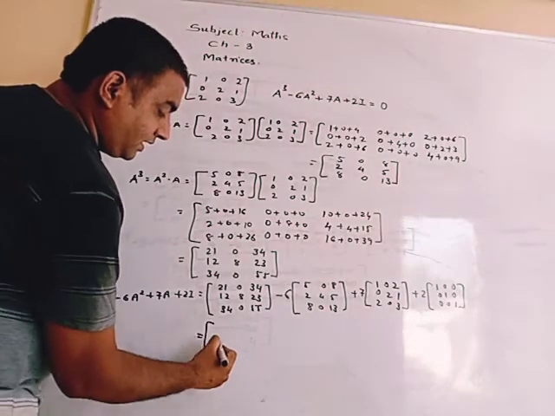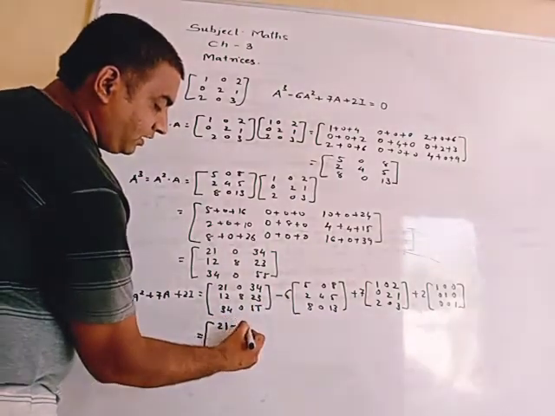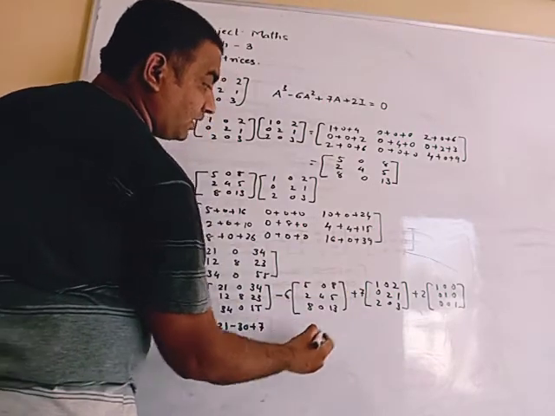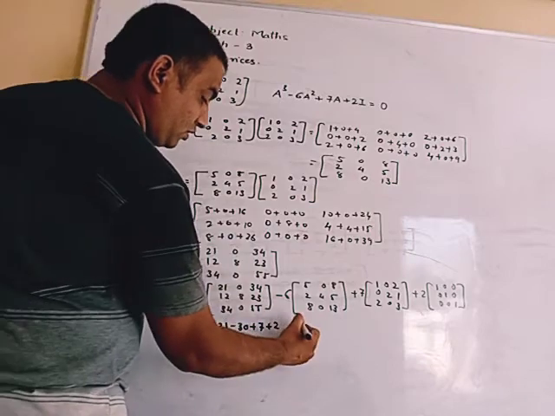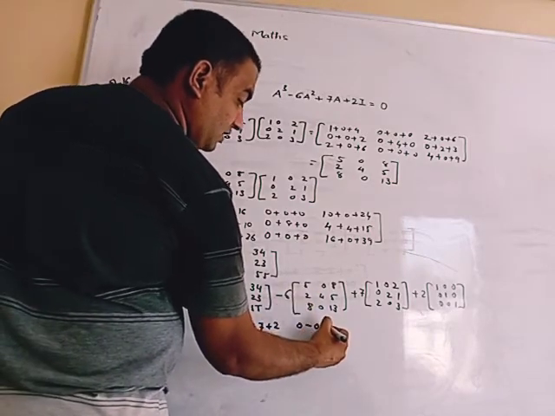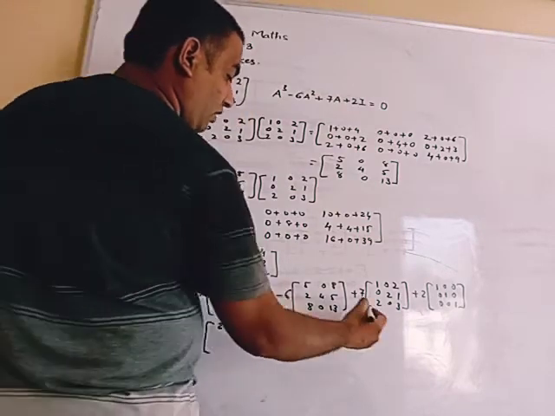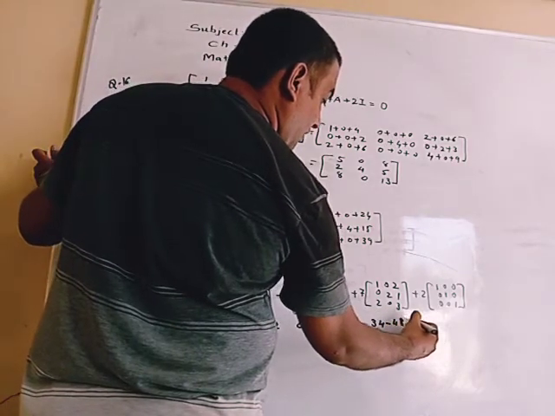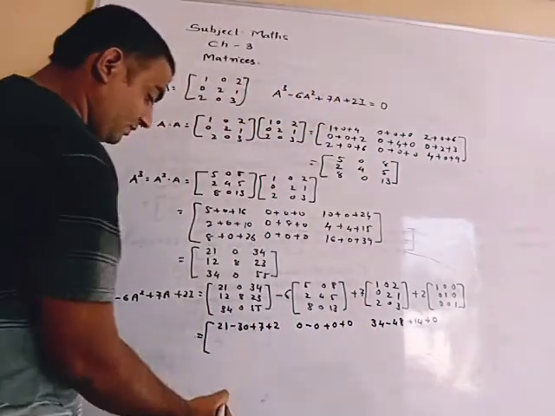So we simplify. 21 minus 6 5s is 30, plus 7 1s is 7, and plus 2 1s is 2. Here 0 minus 6 0s is 0, plus 7 0s is 0, plus 0. Here 34 minus 6 8s is 48, plus 7 2s is 14, plus 2 0s is 0.